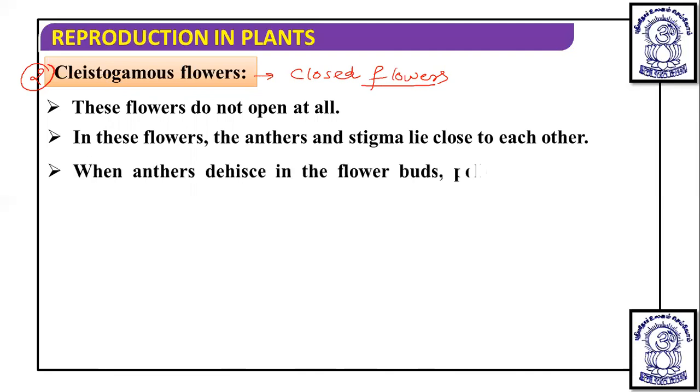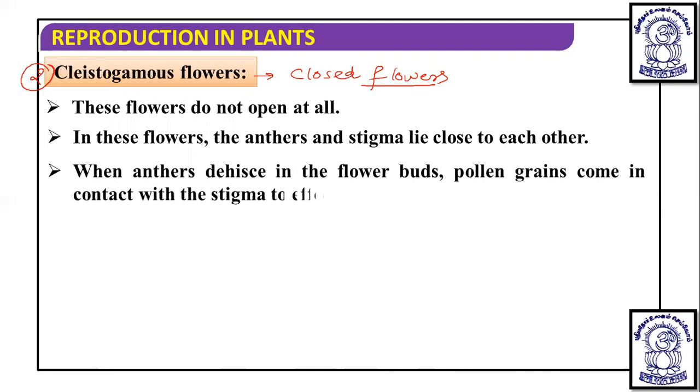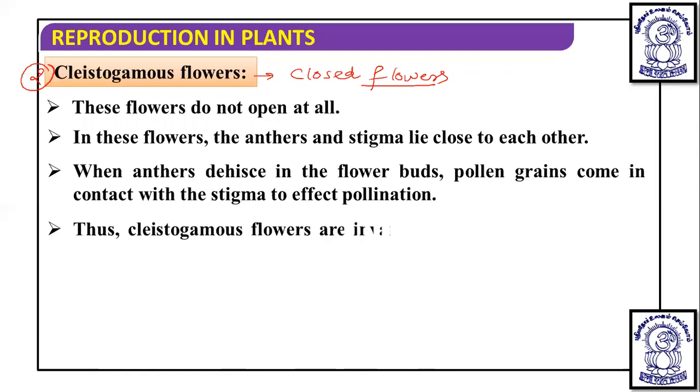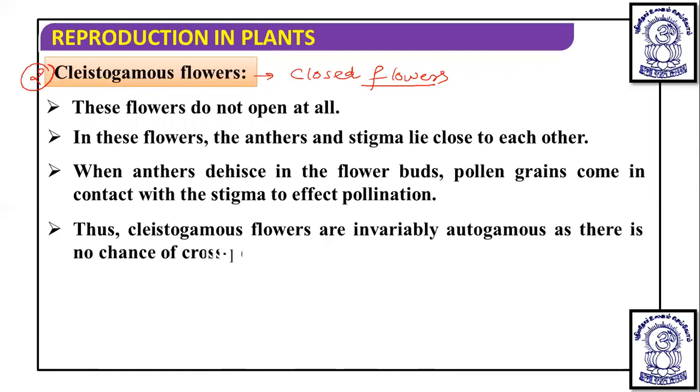Whenever the anther releases or dehisces the pollen grain within the floral bud, pollen grain directly reaches the stigma to effect pollination. Thus cleistogamous flowers are invariably autogamous, as there is no chance of cross pollen landing on the stigma because it is closed.